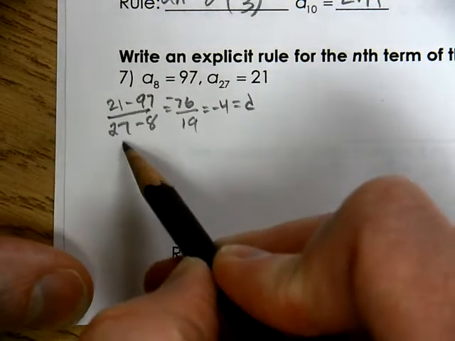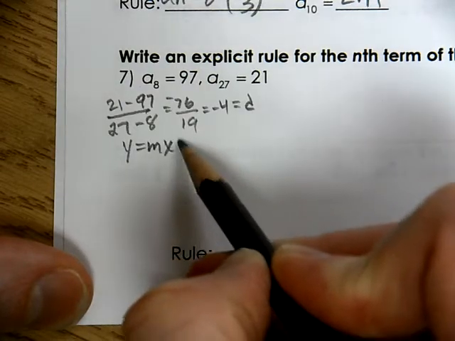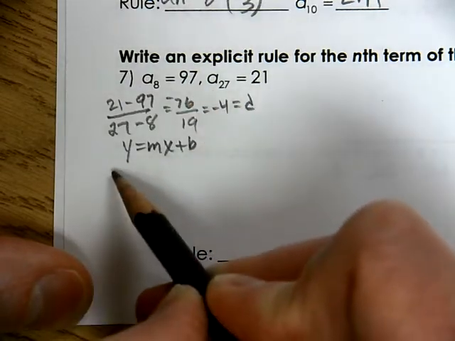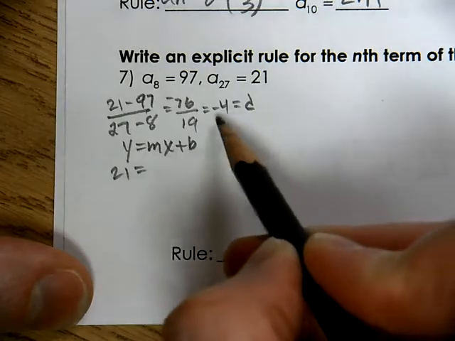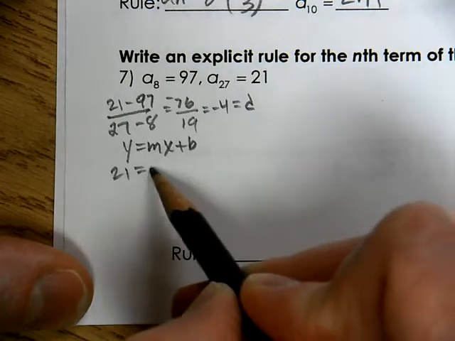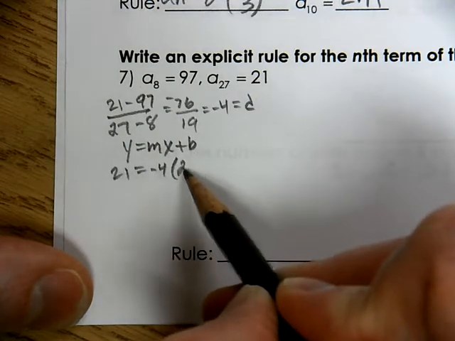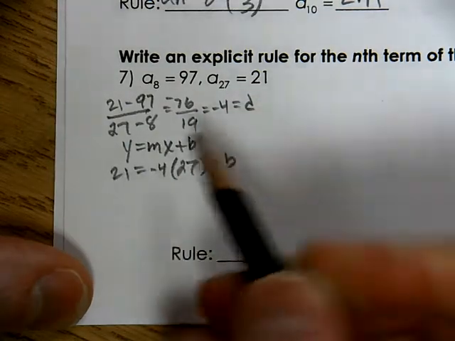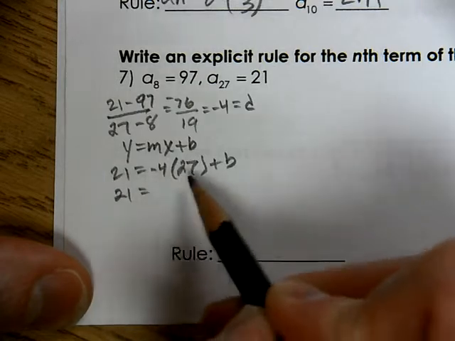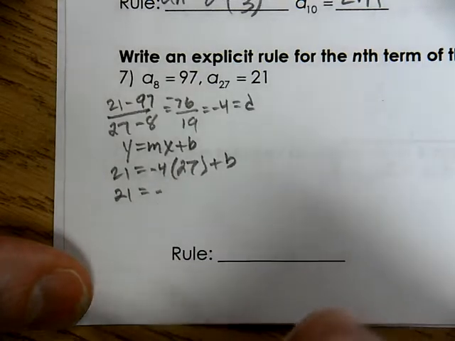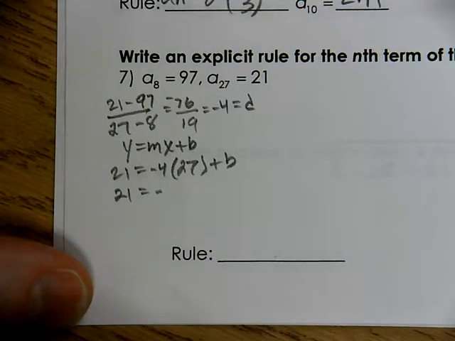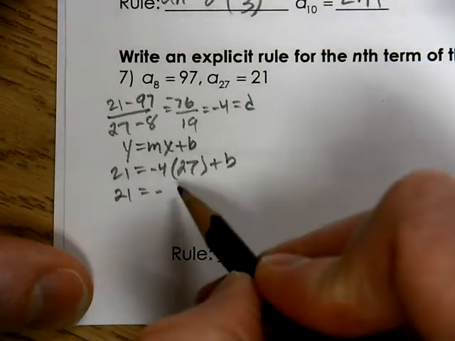Then we could use our y equals mx plus b, and we could plug in our 21, our D, which is our slope, times our x value, which is 27. This is negative 108.